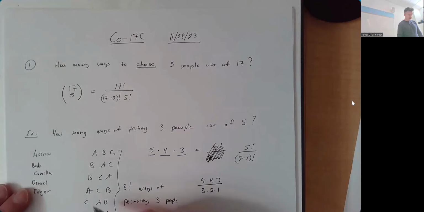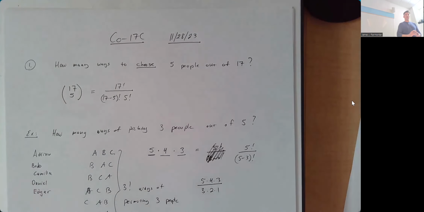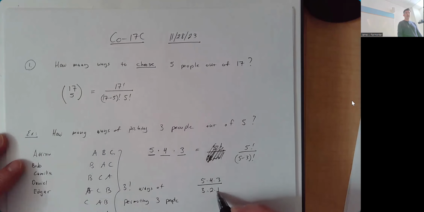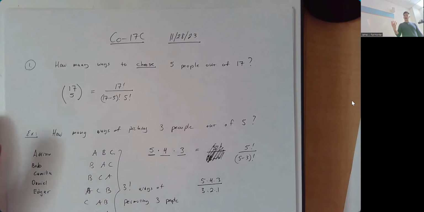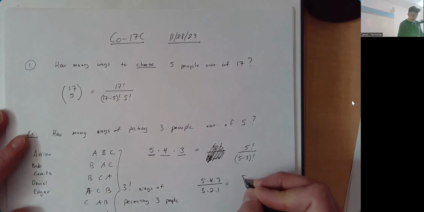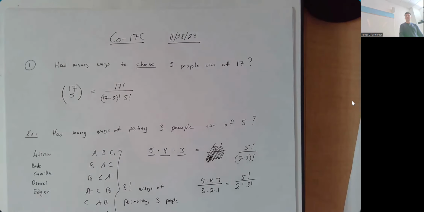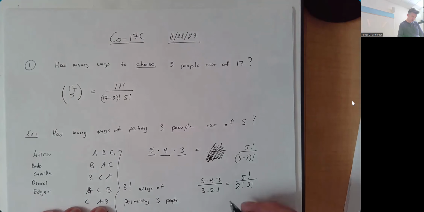But the answer we're looking for here is 5 times 4 times 3, the number of ways of permuting any three people out of 5, divided by 3 times 2 times 1, the number of ways you can permute any three people that you choose, which we would prefer to write as 5 factorial over 2 factorial times 3 factorial, or 5 factorial over (5 minus 3) factorial times 3 factorial, or 5 choose 3.